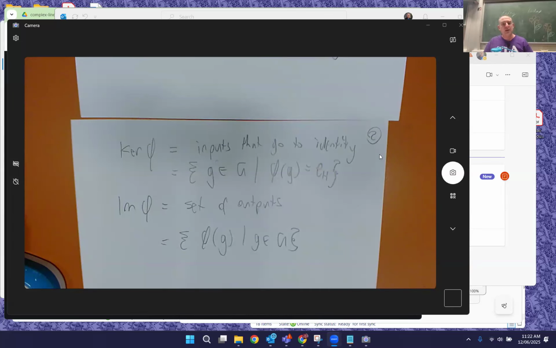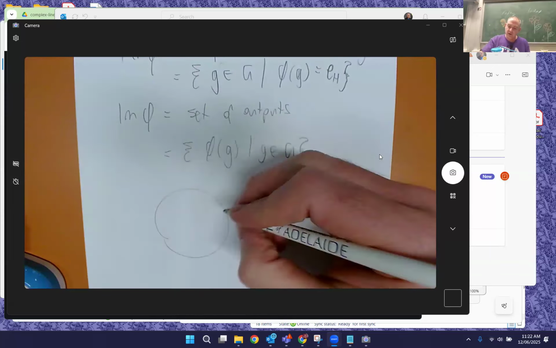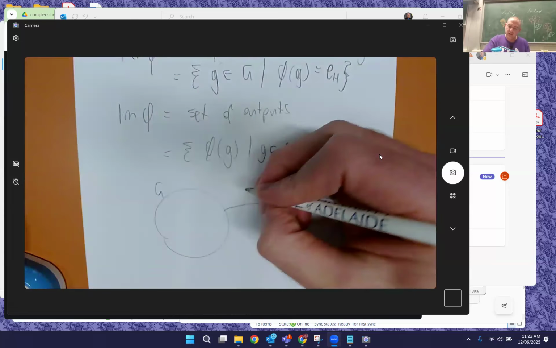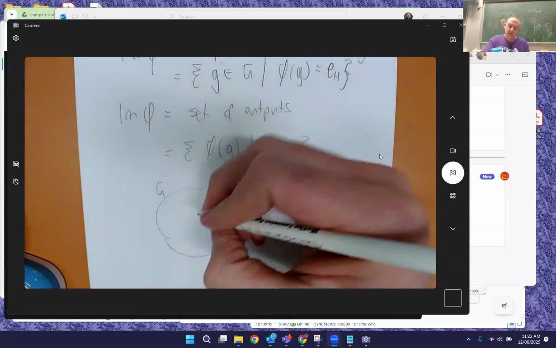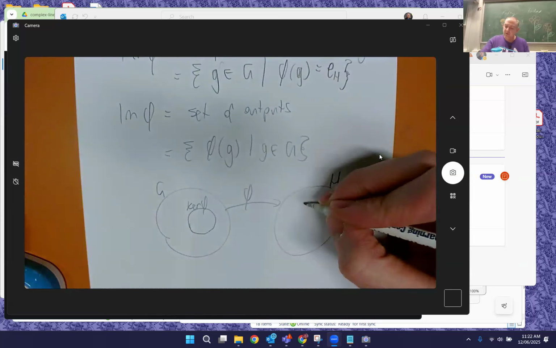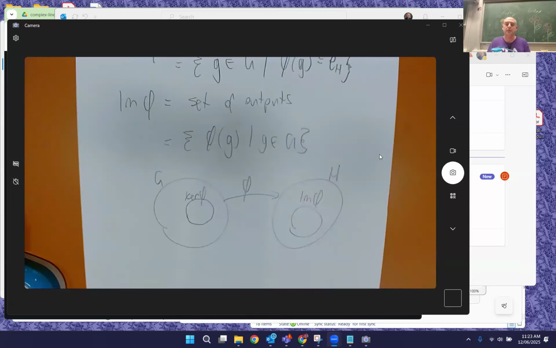And it's really important in my mind to remind myself that the kernel is inside G and the image is inside H. So the picture in my head is this, here's G and here's H. And there's phi. And the kernel's in here. And the image is in here. Yeah. So they're in different places.